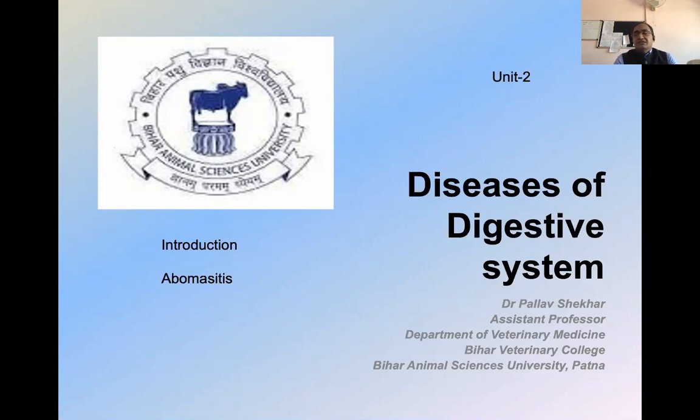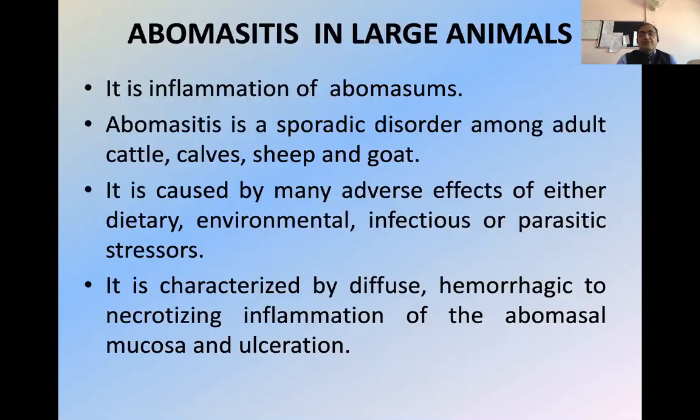So this is nothing but the same gastritis that we will learn in the next class about the canine. We'll just have a look at abomasitis, means inflammation of abomasum. Now, as the definition indicates, the inflammation of abomasum, although we will discuss in broad way the disease of reticulum, the disease of rumen and omasum in a separate way, because this is not the first part where the esophagus ends, this is the last part of the forestomach of the ruminants.